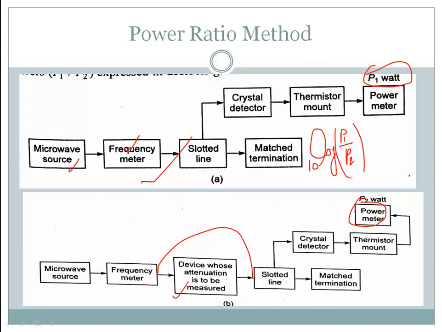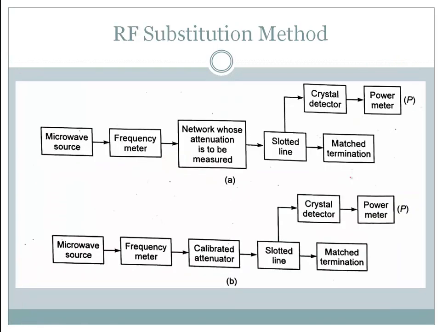To remove these drawbacks, we have another setup that is known as the RF substitution method. The basic principle of the RF substitution method is that the output power of the unknown device or network is measured. The network is then replaced by a calibrated attenuator which is adjusted to get the same power. Under this condition, the attenuation of the unknown device is the same as indicated by the calibrated attenuator.